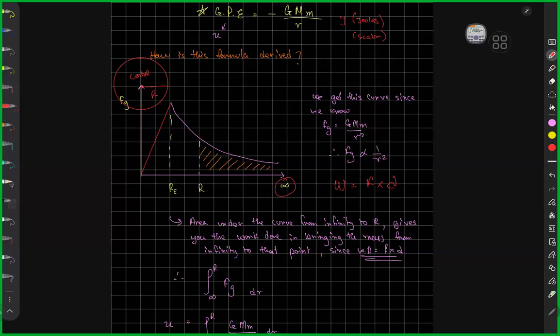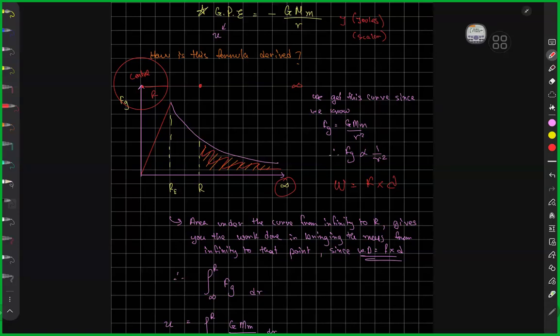And how do we find the work done? From infinity to r, let's say this random place near the Earth's surface, you integrate from infinity to r. What are we integrating? We're integrating this curve, this area under the curve. And what is this area under the curve?